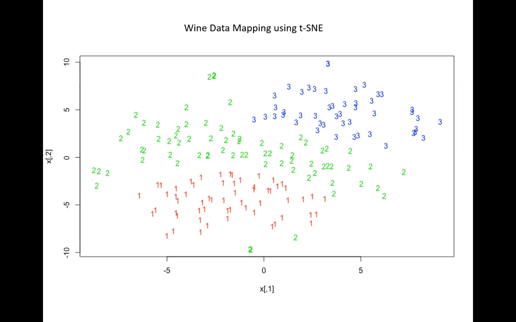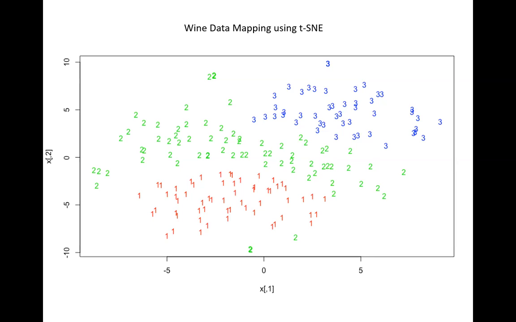That means those 2 examples are very likely to be misclassified. And similarly, there might be 1 or 2 twos close to 3s that might get misclassified.